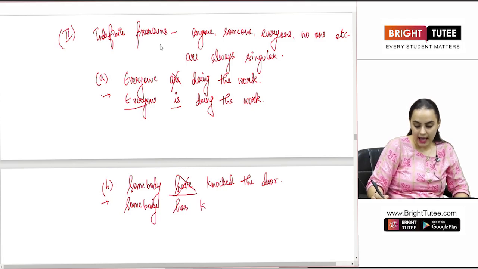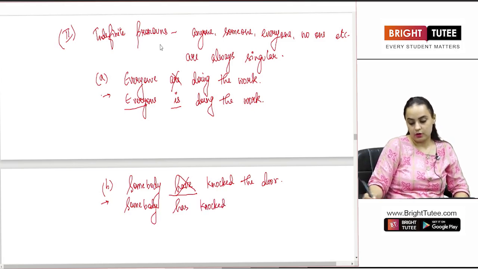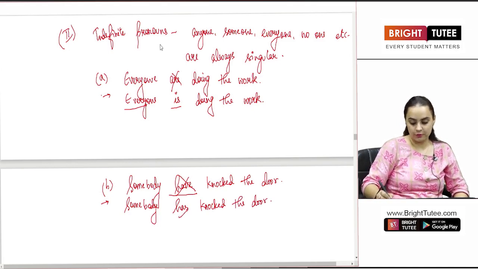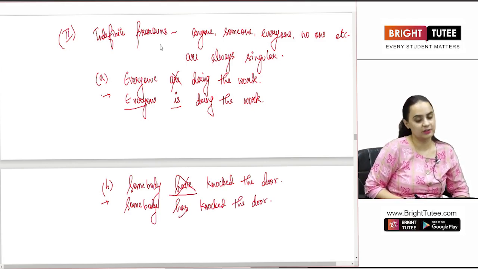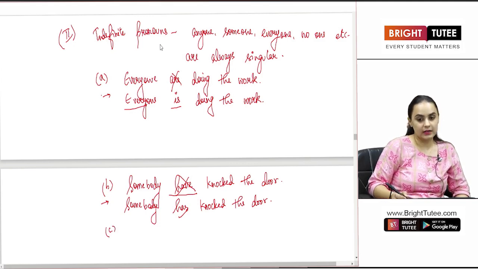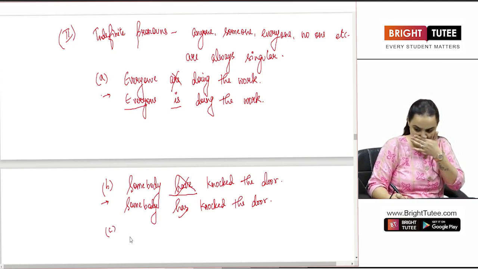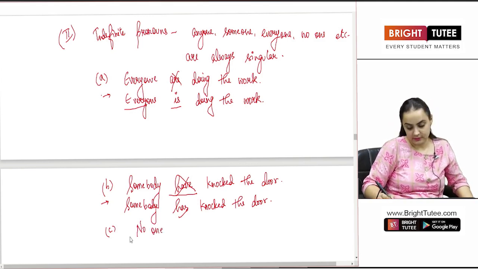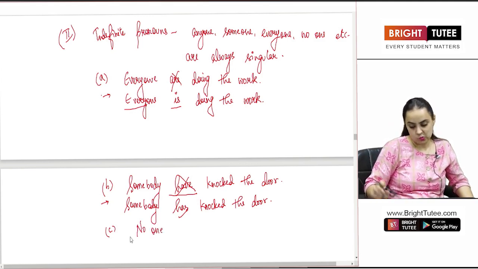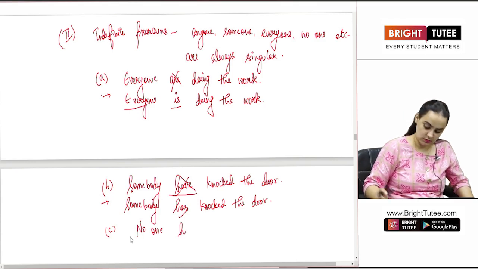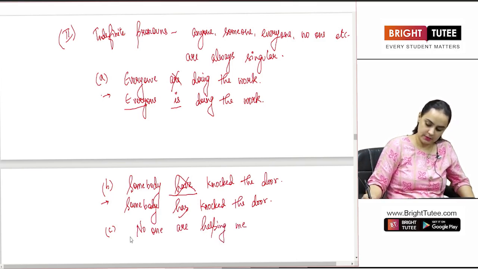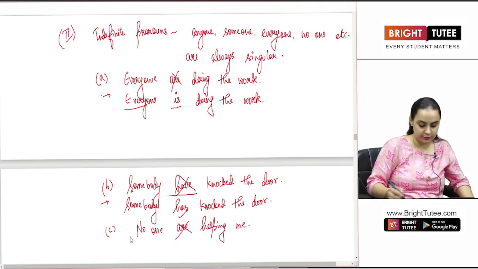Somebody has knocked the door. So, somebody takes a singular verb. If I give you another example, no one. I cannot say "no one are helping me." Wrong.